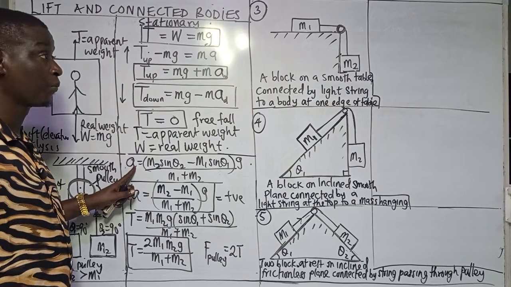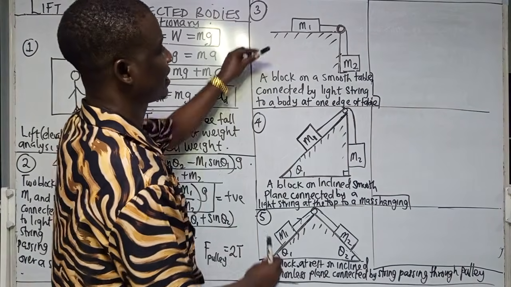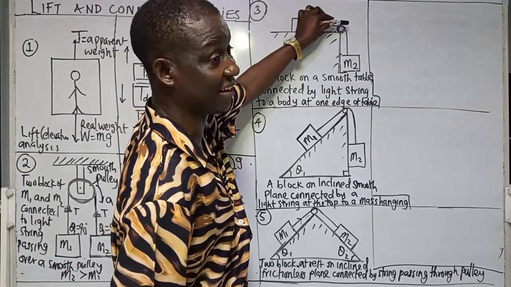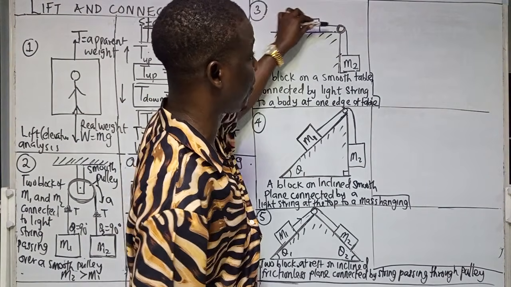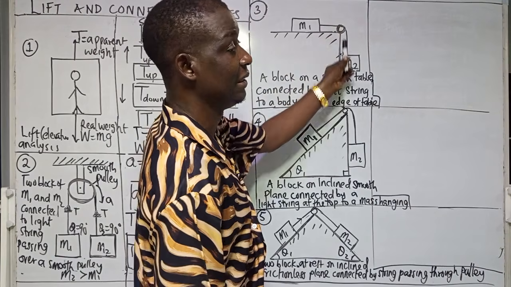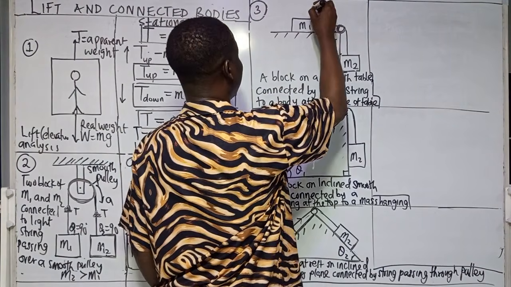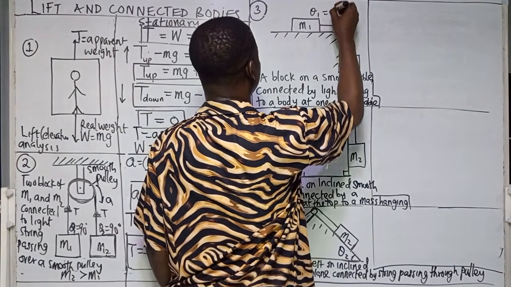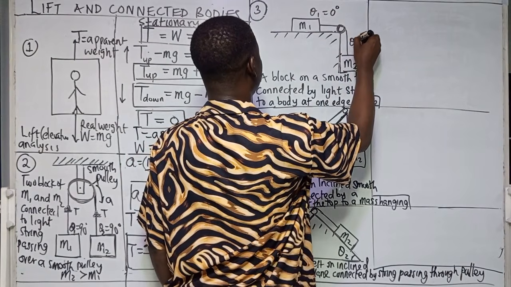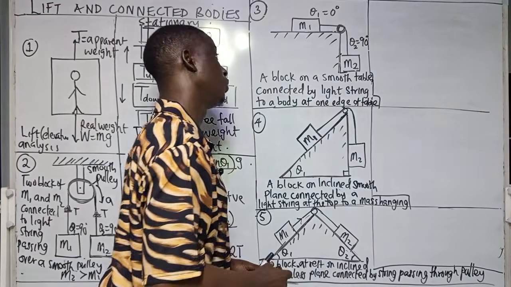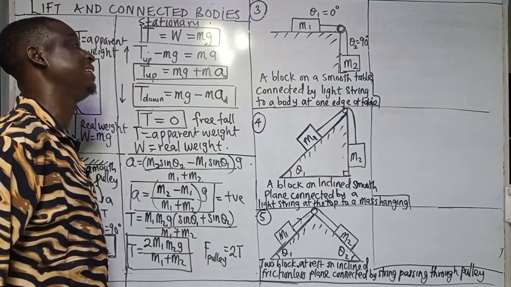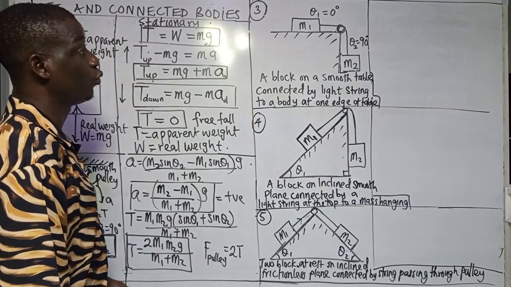Please go with me. I told you anyone that is sliding horizontally is taken as 0, either forward or backward. Anyone sliding vertically, take it as 90. So this one, let's say theta 1 is 0 degrees, theta 2 is 90 degrees. If it's sliding vertically, we take 90.